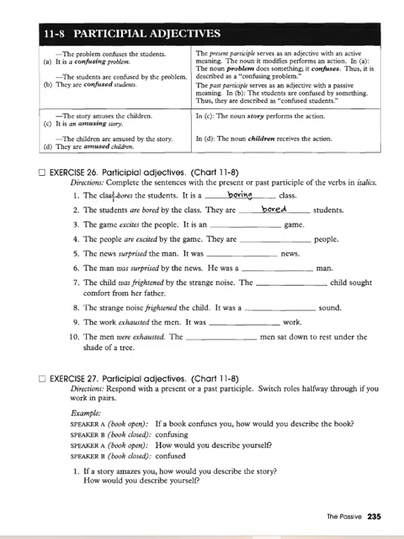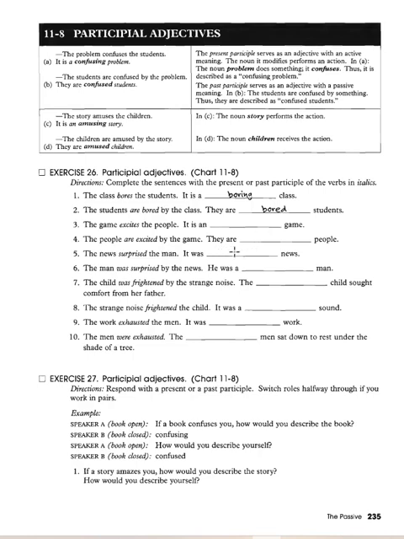So the class bores the students. So here you have a thing. It is a boring class. Then you have people. We use ed. They are bored students. Do we use excited or exciting? Because it's a thing, we say it is an exciting game.